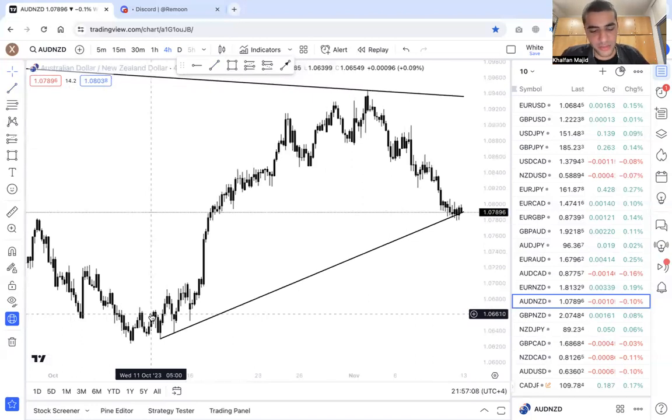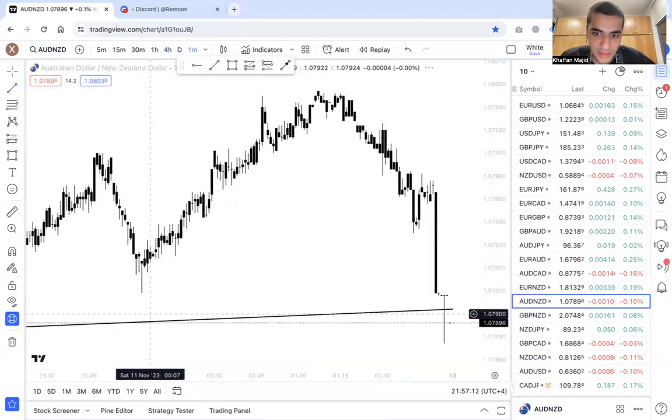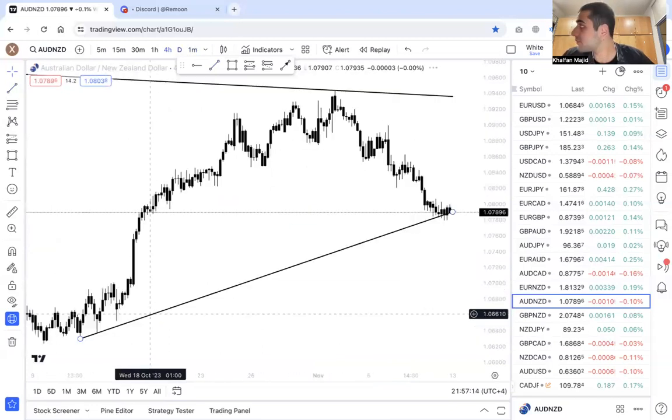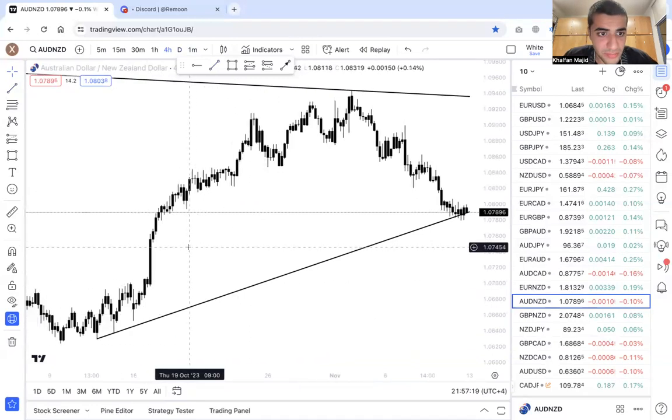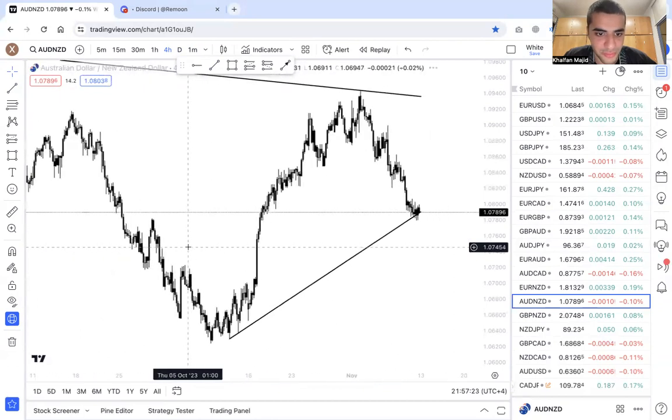I see a trend line over here, but I do not trust it because anything can happen. Also, it's just a trend line without a key level, so I wouldn't trade it anyway.